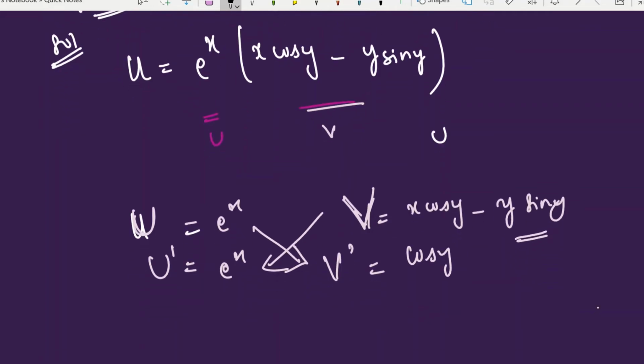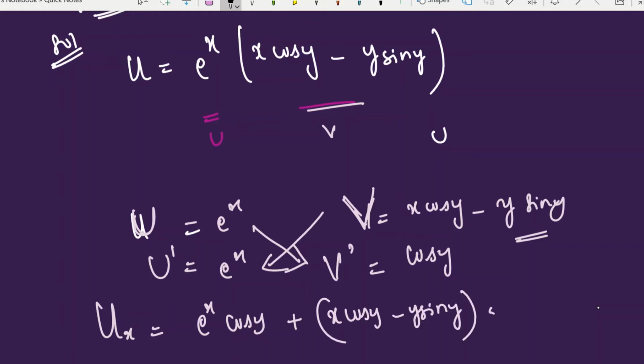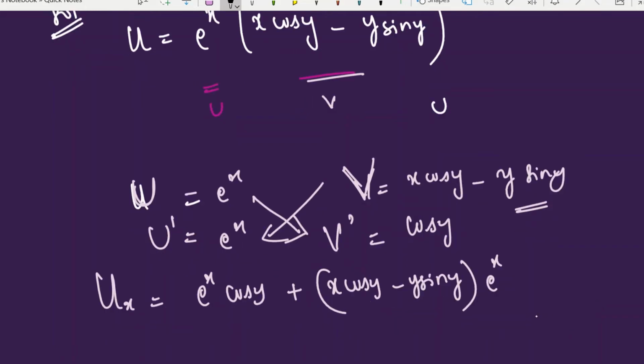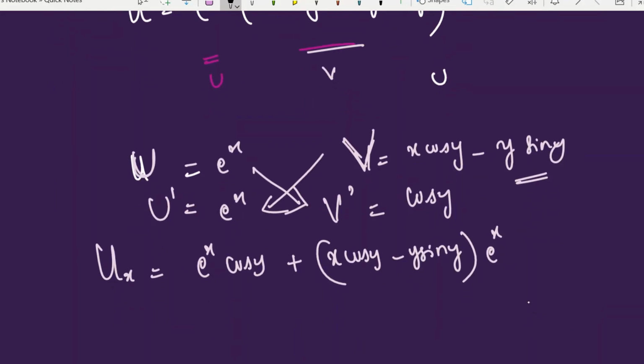Now u x is e power x cos y plus (x cos y minus y sin y) into e power x. No need to simplify further, just substitute the points alone.